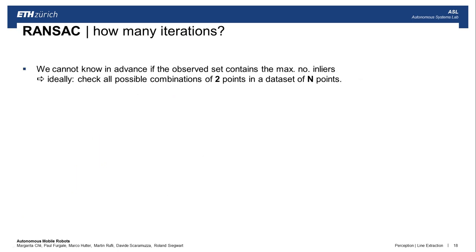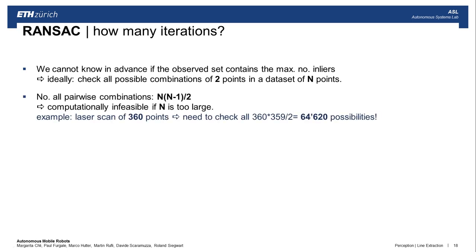How many iterations does RANSAC actually need? The problem is that we cannot know in advance if the observed set contains the maximal number of inliers. So ideally, one could check all possible combinations of 2 points in this line extraction example in the dataset of n points. But what would that mean?